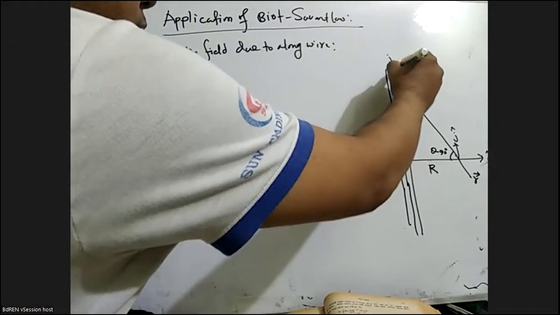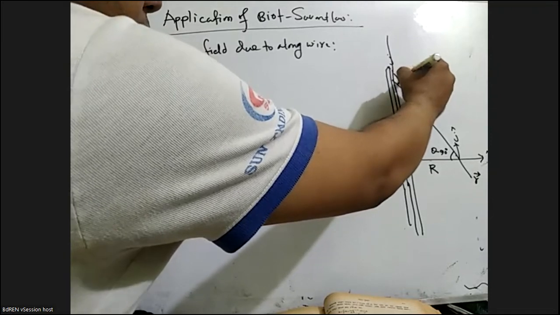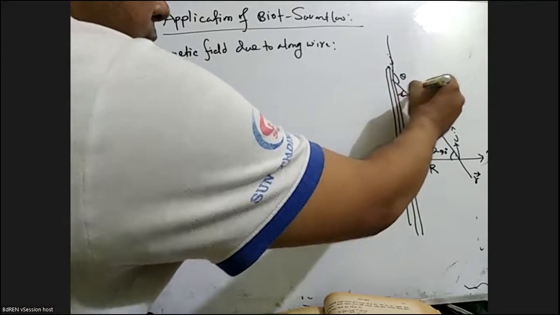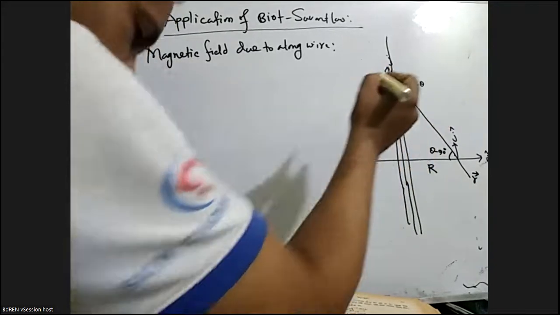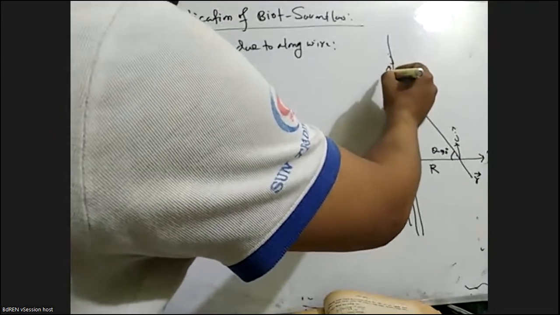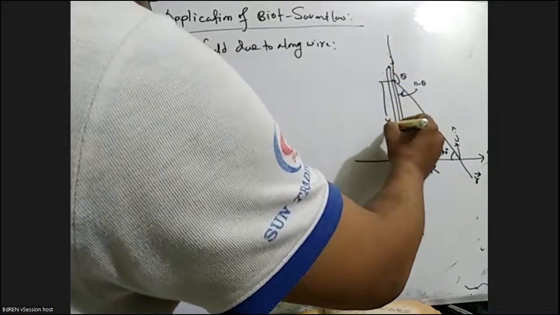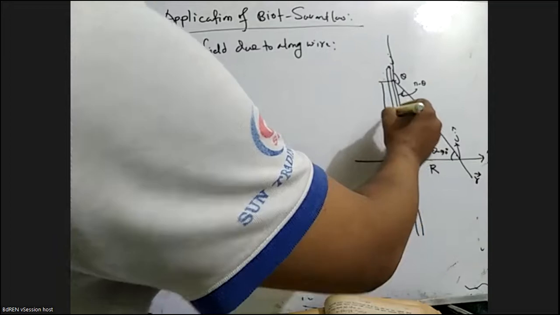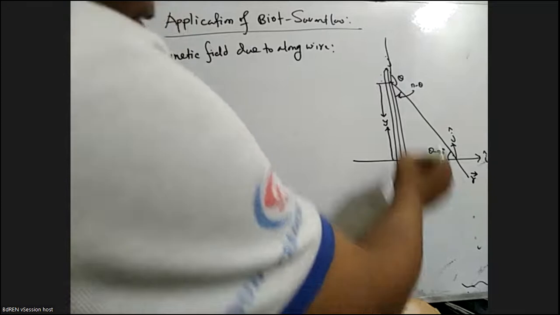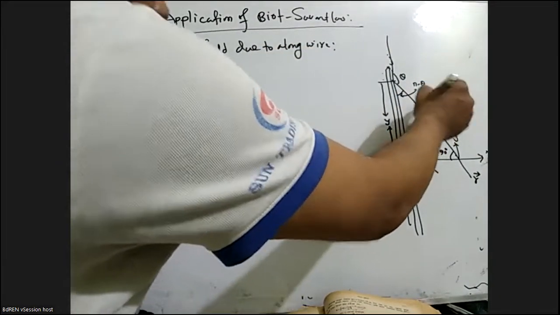And this is the angle theta, and this will be phi minus theta angle, and this length is y. Electric current I is passing through this conductor, so this is the radius R.